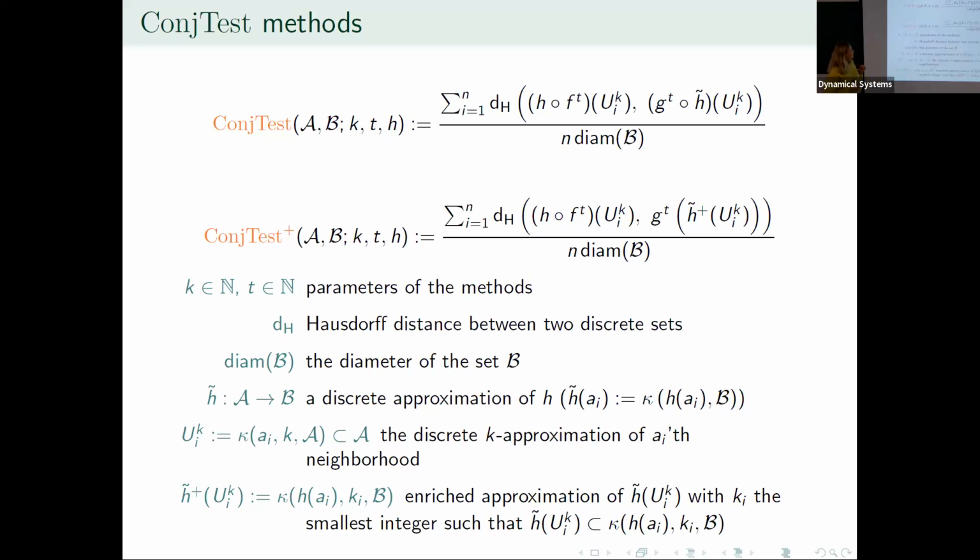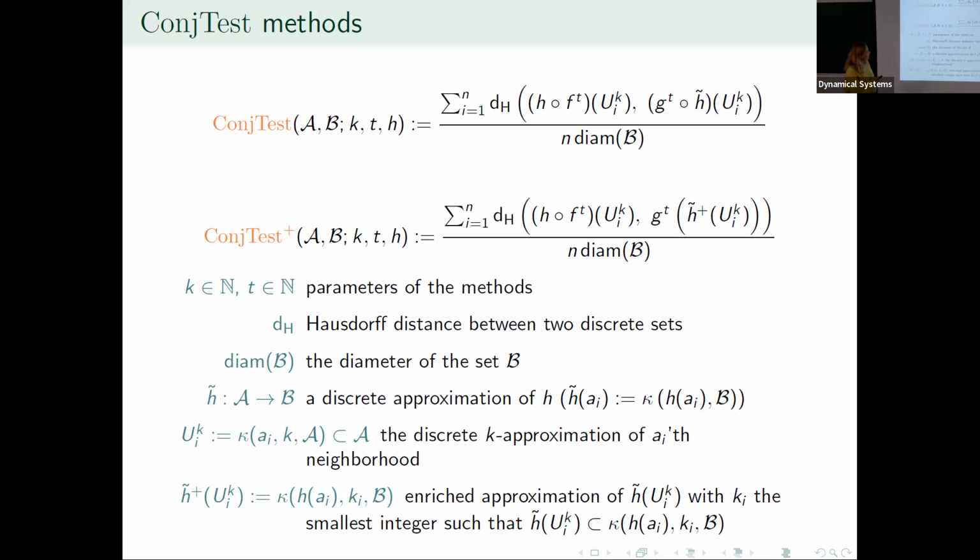P is some time step, because maybe we won't just have t equals 1, or maybe we want to project our points t time steps into the future, and then convert them. And H is some sort of candidate for the topological conjugacy. And this is, of course, the problem, that usually you may have no idea how this conjugacy should look, but Michał will later comment a bit on that.